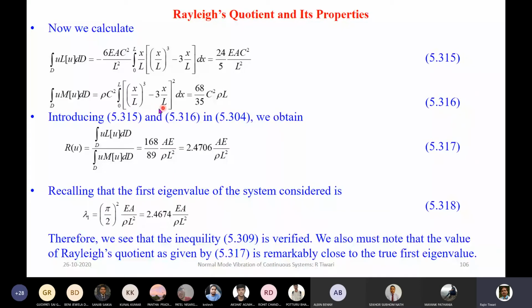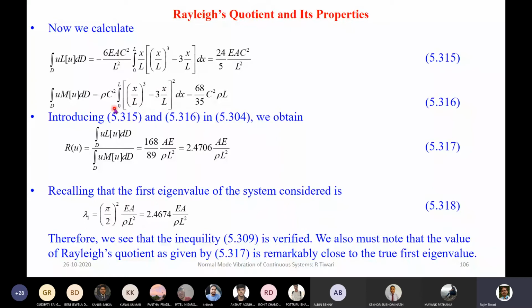If you can see, we're getting the square of the term here because U square is becoming here. So if we integrate this polynomial, we need to expand it, then integrate, and then put the limits.